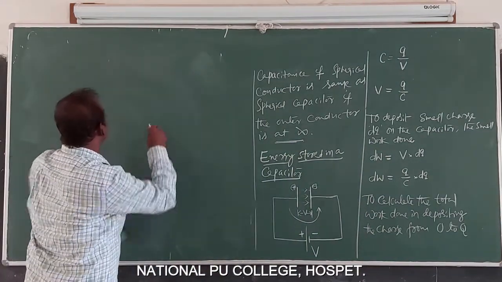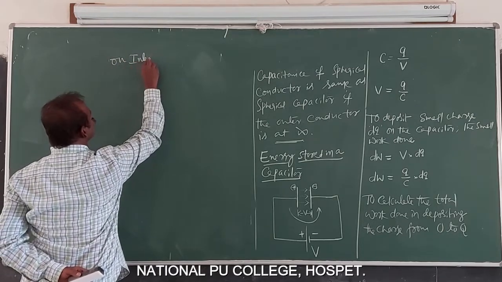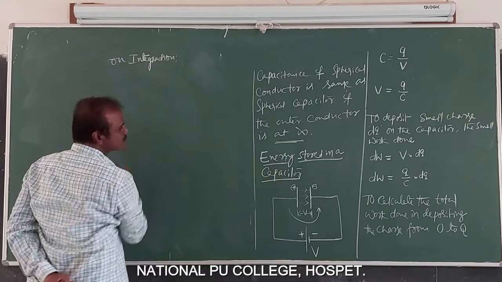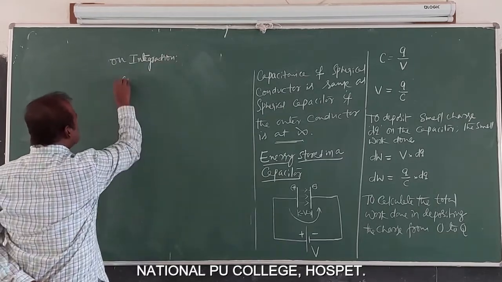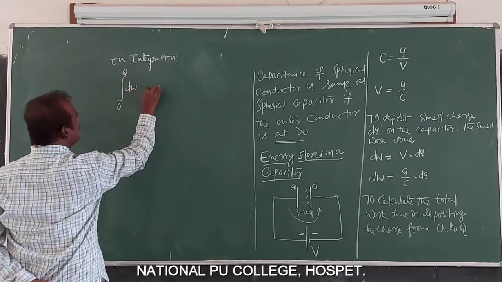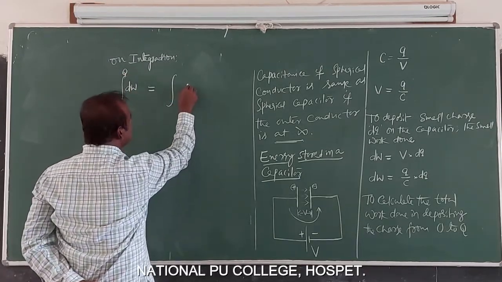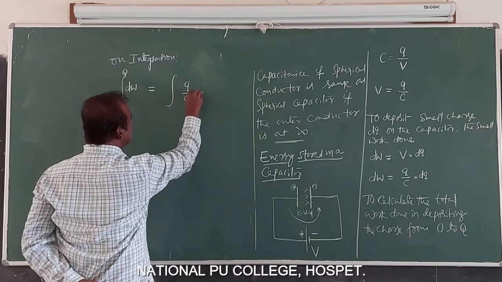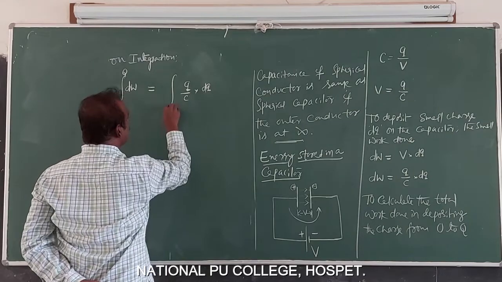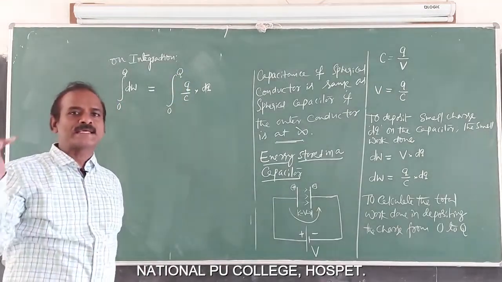So integration of dW from 0 to Q is equal to integration of V, that is Q by C, into dQ from 0 to capital Q, where capital Q denotes the maximum charge.